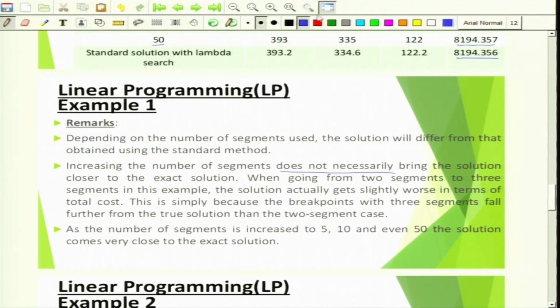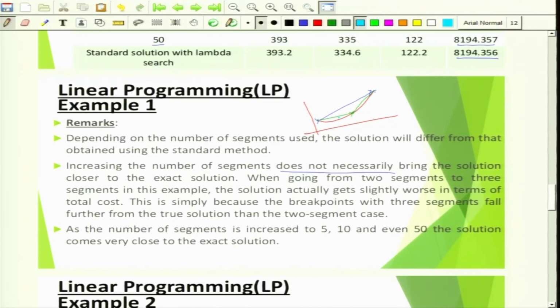For example, say this is the curve, a nonlinear curve. Now let's say I divide it into one segment only. Let us take another example where I divide it into two segments. Let's take another example where I divide it into three segments.